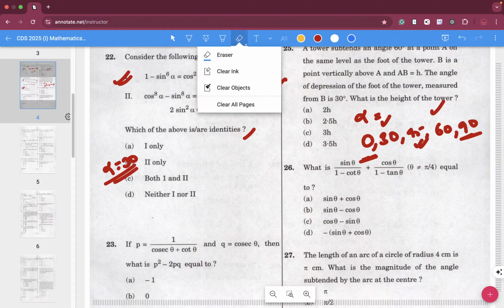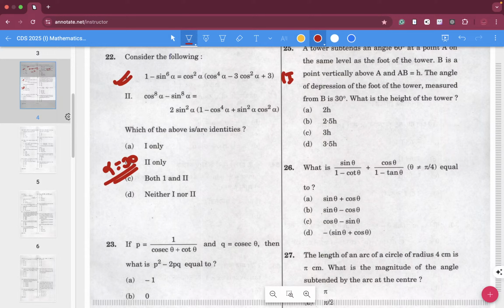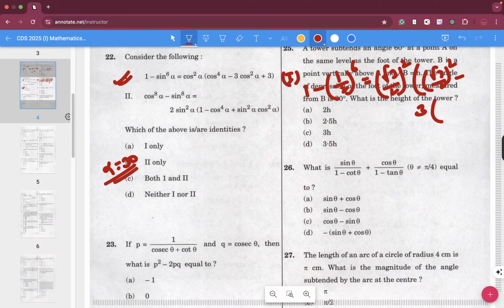If I take alpha is equal to 30, how does this first one work out? 1 minus sine 30 is 1 by 2 raised to the power 6 is equal to cos square alpha, cos 30 is root 3 by 2 whole square, into cos raised to the power 4, which is root 3 by 2 whole raised to the power 4, minus 3 into cos square alpha, that means root 3 by 2 whole square, plus 3 is what you have.